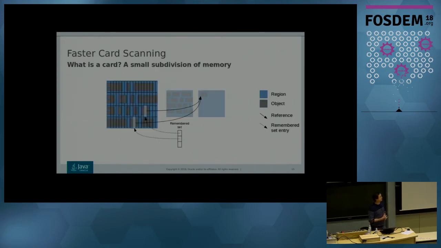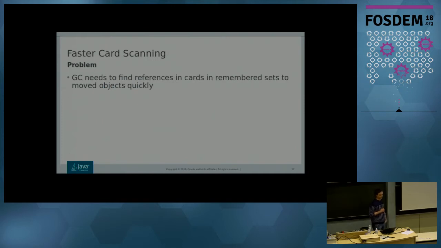But what does that have to do with cards and scanning? Well, the elements of the remembered set are not the actual references to the Java objects, but so-called cards. That means small subdivisions of the memory. And to actually find the references, you need to scan that area. And you need to scan this area quickly.